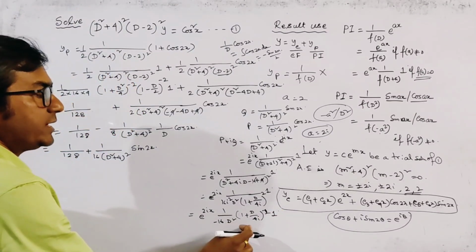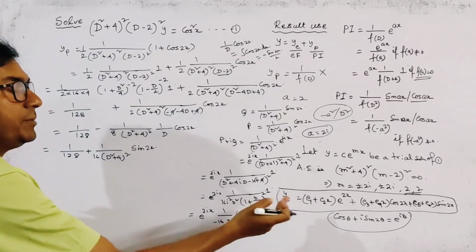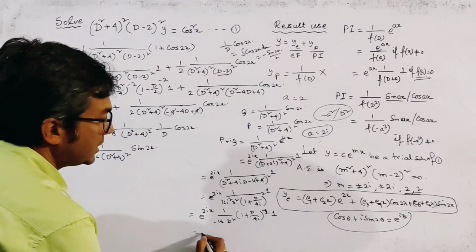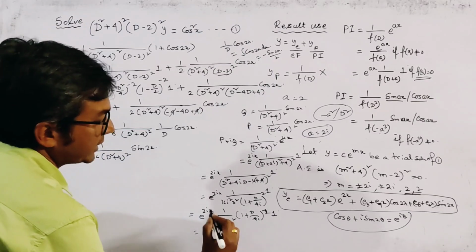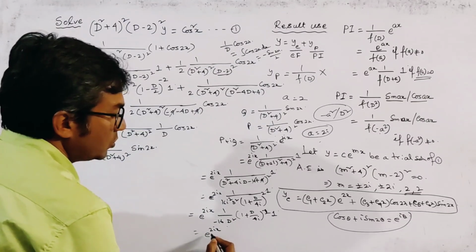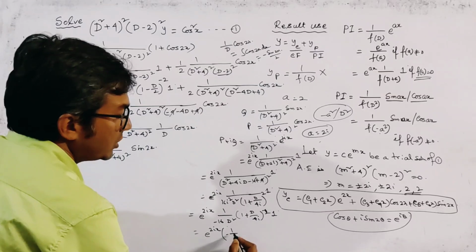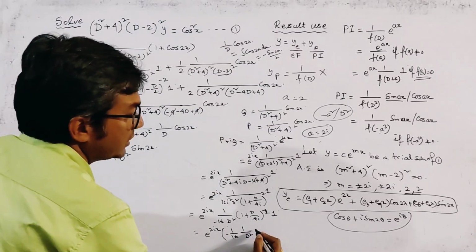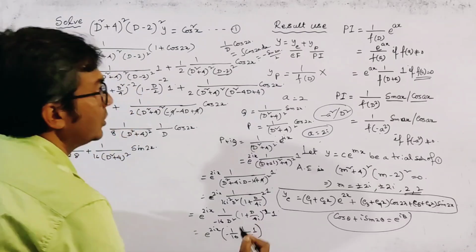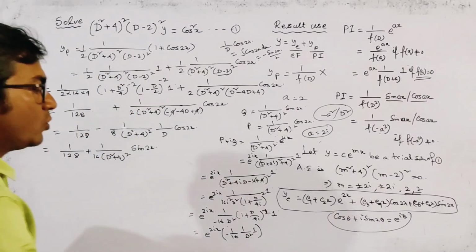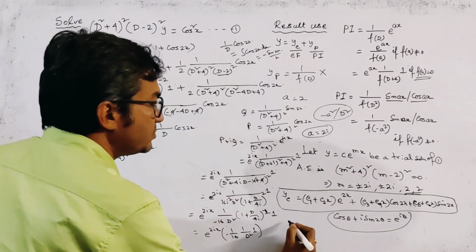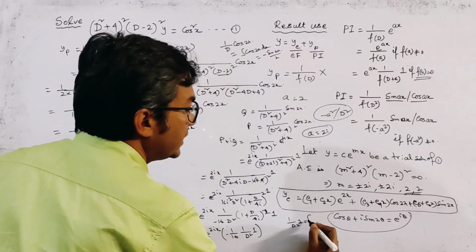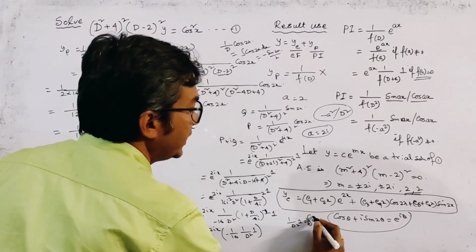Okay, again we get 1 from here because the derivative of 1 is 0. So we get the result e to the power 2ix into minus 1 by 16 into 1 by d square, this is given by 1. Okay, so 1 by d square 1 means integration, 1 by d into integration dx.